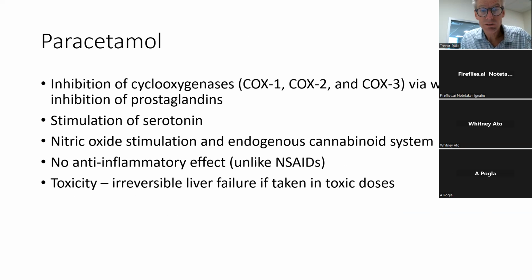Paracetamol, for example, is an inhibitor of the cyclooxygenase pathways, and remember that converts the membrane phospholipids, arachidonic acid, to the prostaglandins, and so it inhibits the cyclooxygenase enzymes that do that transformation of arachidonic acid to prostaglandins.